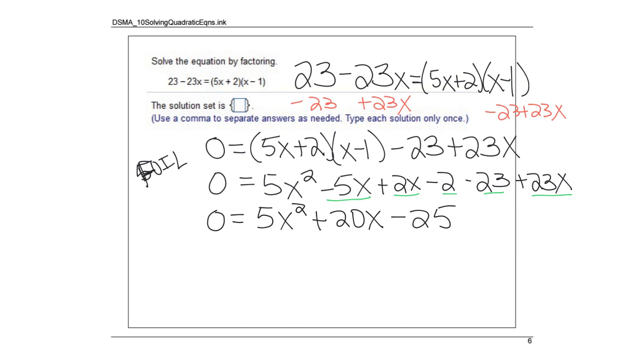Okay, so let's factor what we have left. Just looking at this, I am thinking, oh no, this is going to be one of those big problems, and I'm going to have to use the box or the AC method. But at second glance, I see that I need to do the greatest common factor first. There's a 5 in common to all of these.